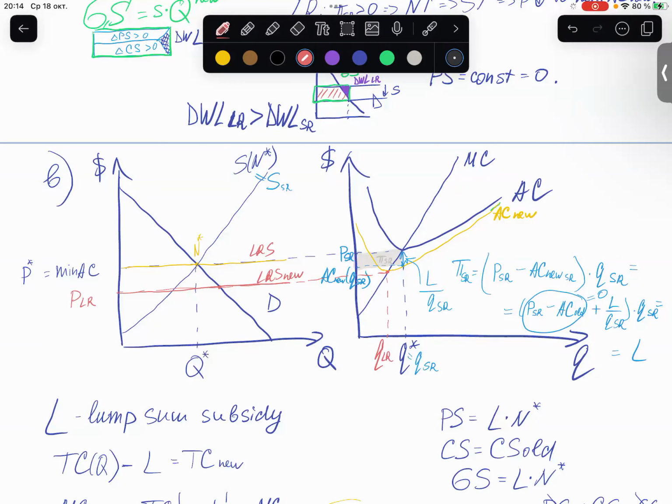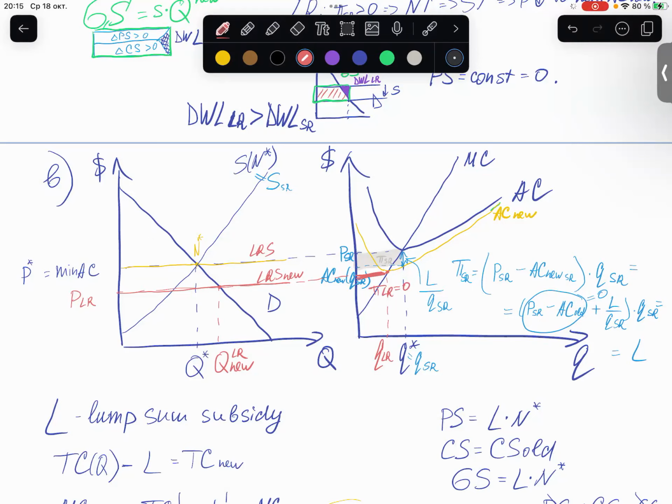Marginal cost does not change. Then this is the new quantity, Q new in the long run. So profit of each firm is equal to 0 because there is no difference between average costs and the price in the long run. Profit in the long run equals to 0.